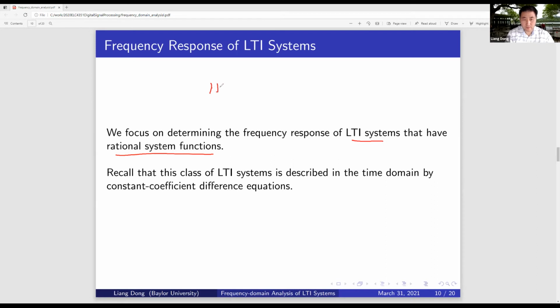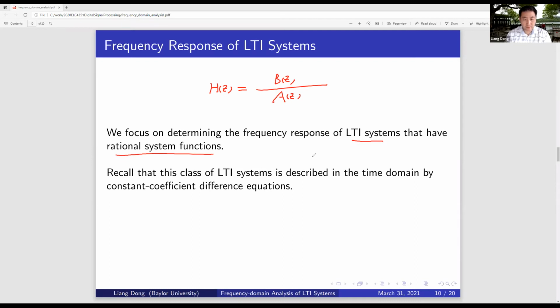If you remember, the system H(z) is rational when we have B(z) over A(z), where B(z) is a polynomial as a function of z to the power -1. A(z) is also a polynomial, a function of z to the power -1. And then I can write this in this rational format, and this LTI system is a rational system.